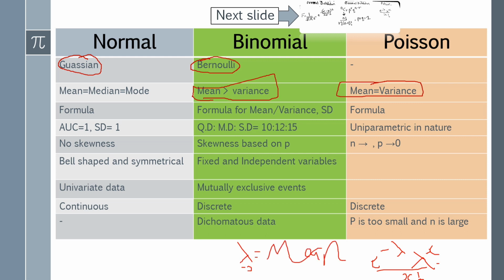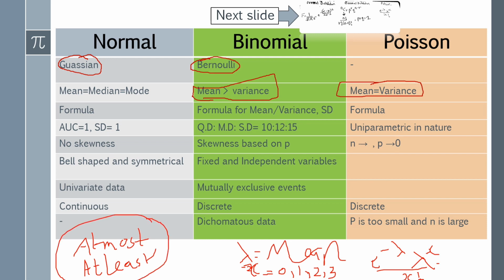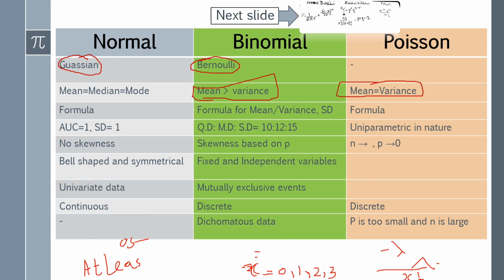And x can be whatever they have asked for in the question, 0, 1, 2, 3, depending upon what they are asking, if it is at the most or at least. So whenever you're solving probability and binomial numericals, these two phrases, at the most and at least, are to be kept in mind. Do not forget these two important words when you're solving numericals.